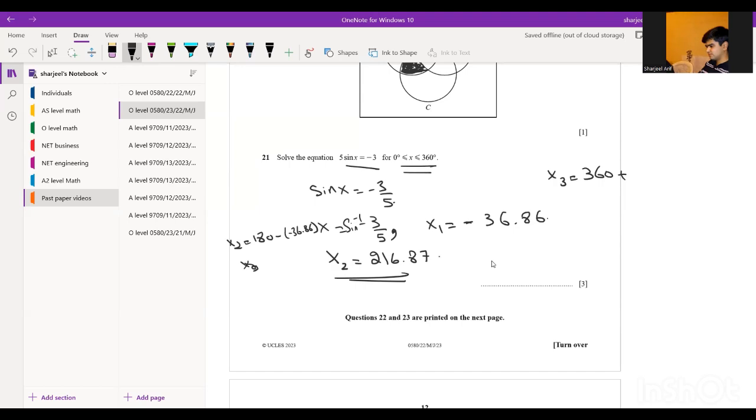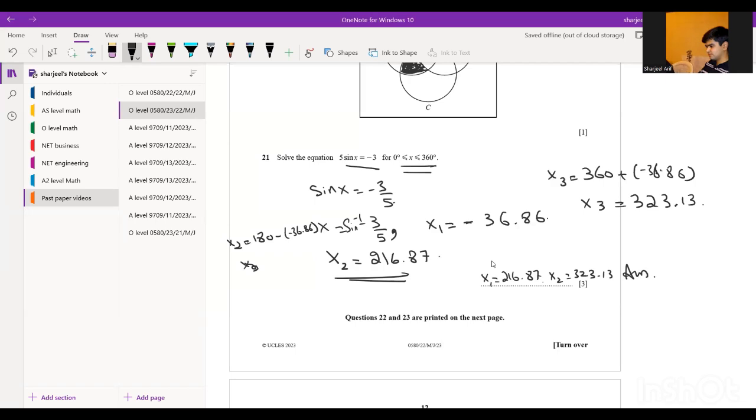So a negative answer is not possible. For that, we have to move on to the next limit that starts from 360. So we will add minus 36.86 to 360 to get our second answer. That would be 323.13. So the two answers are x1 is 216.87 and the second answer is 323.13.